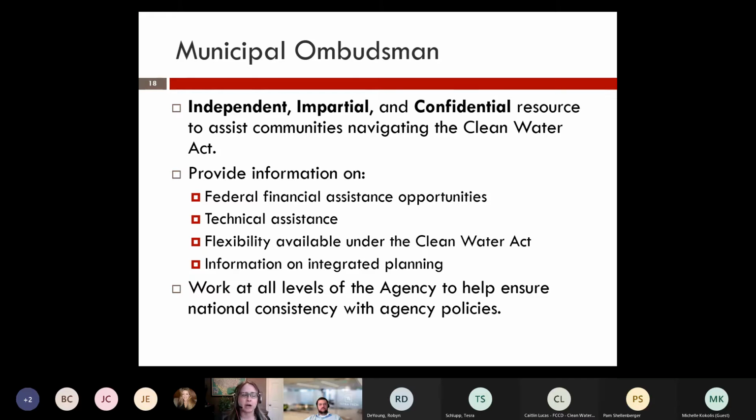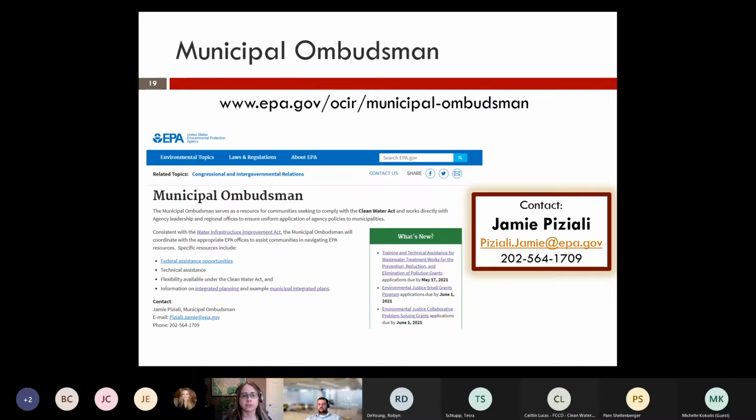And finally, I'm also tasked with having a website that links to resources that I mentioned. So on the next slide, Robin, you can see a screenshot of my website. And I linked a lot of really great EPA resources like our Water Finance Clearinghouse, but I also have a list of upcoming webcasts and new EPA resources or upcoming grant opportunities.